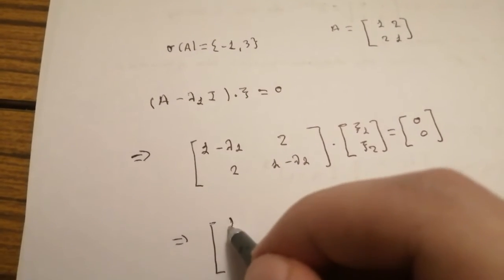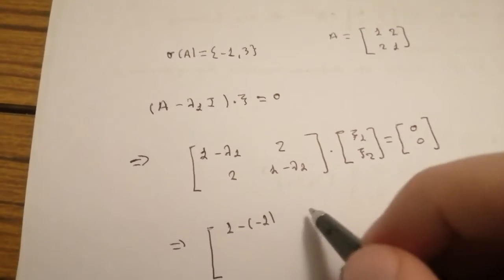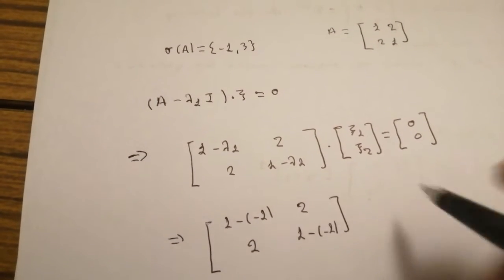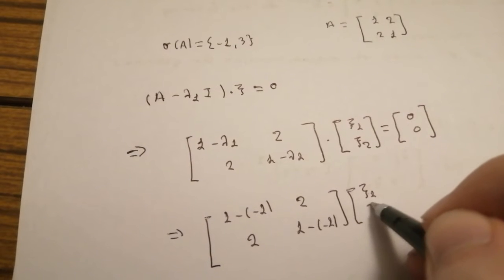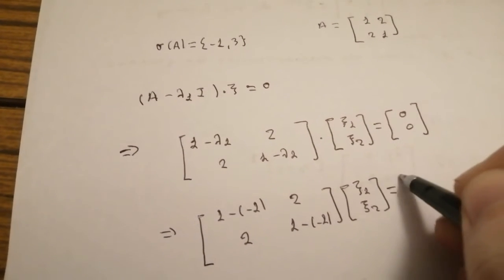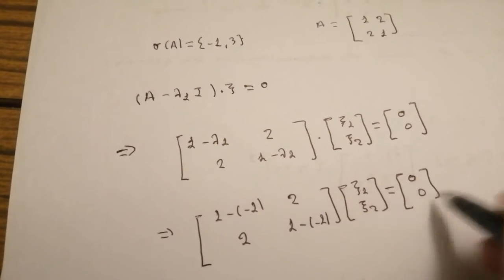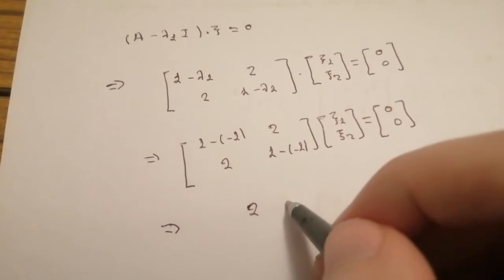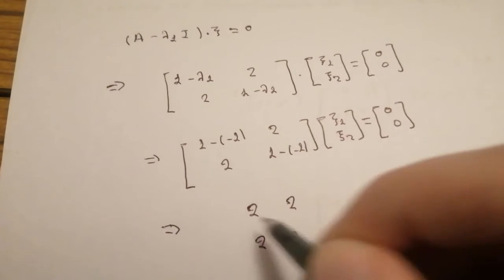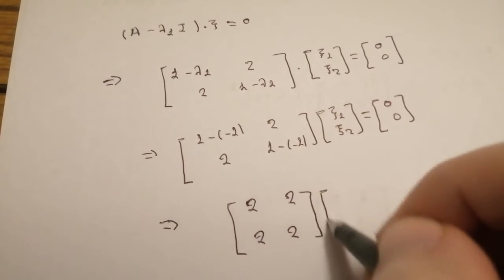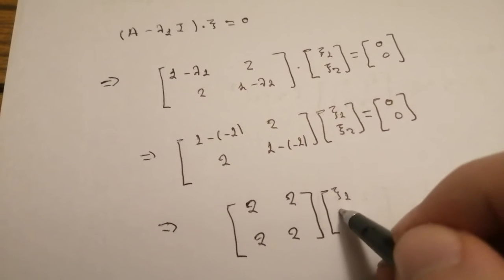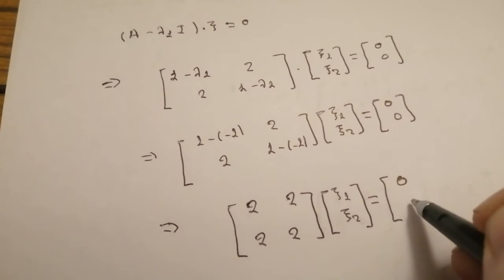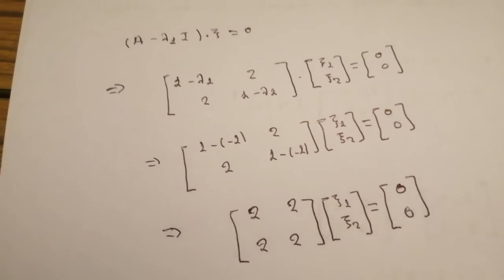So this is 1 minus minus 1, 2, 2, 1 minus minus 1, which is just 2, 2, 2, 2, times xi 1, xi 2 equal to 0, 0.